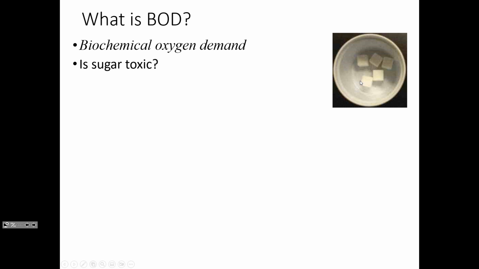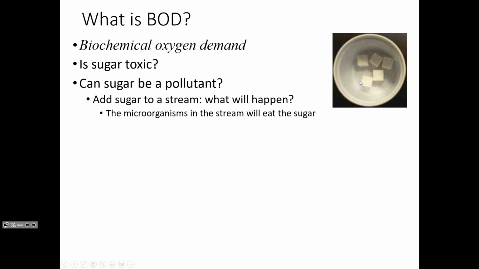But sugar is a pollutant when it's added to a stream, simply because of the effect that sugar could have on the stream. And it's not just sugar that causes BOD, it's anything that microorganisms can use as food. So it could be sugar, or more complex starches besides the simple sugars. It could just be anything that the microorganisms can eat.